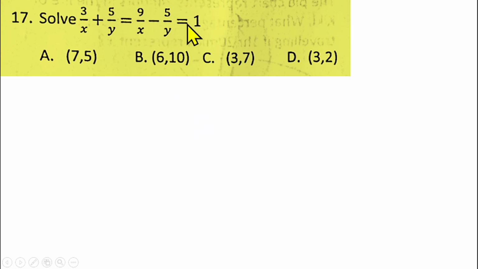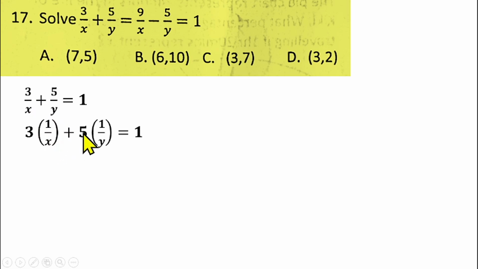Since both are equal to 1, we can say 3 over x plus 5 over y equals 1. Then we need to simplify this equation better. We can write this as 3 into bracket 1 over x plus 5 into bracket 1 over y equals 1. This and this are equal because 3 multiplied by 1 over x gives 3 over x, and 5 multiplied by 1 over y gives 5 over y.